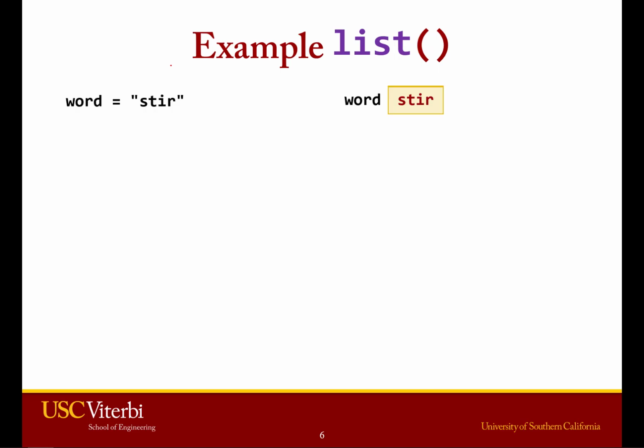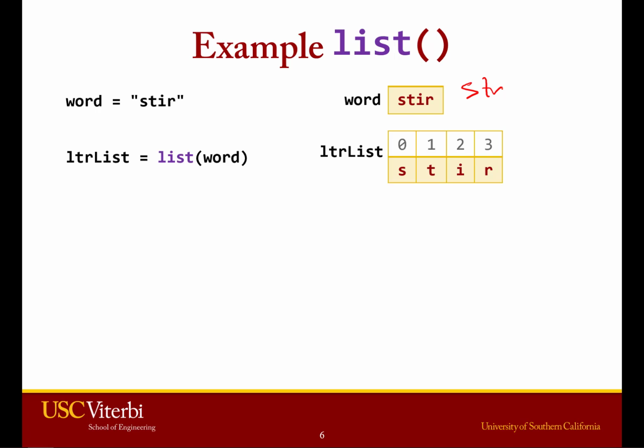For example, if I have the word stir, word equals stir. Now notice this is a string. It's not a list. So if I say letter list equals the list function, list parentheses word, letter list is now a list. And it's a list where every single letter from the string is now an individual item in the list.